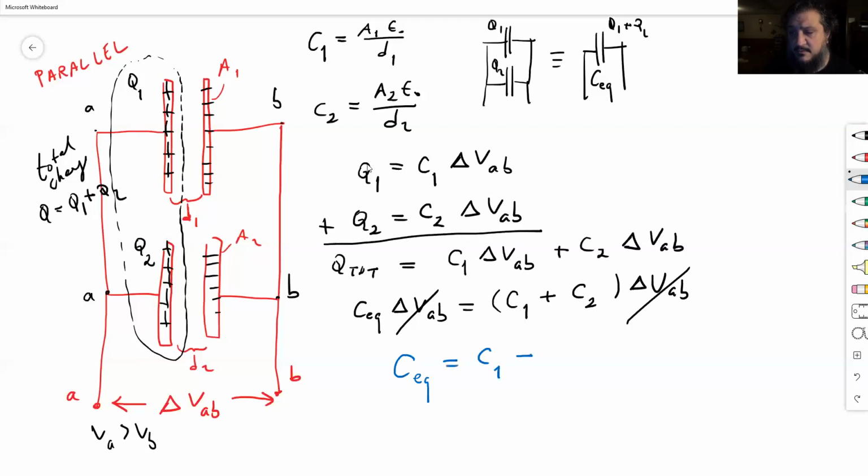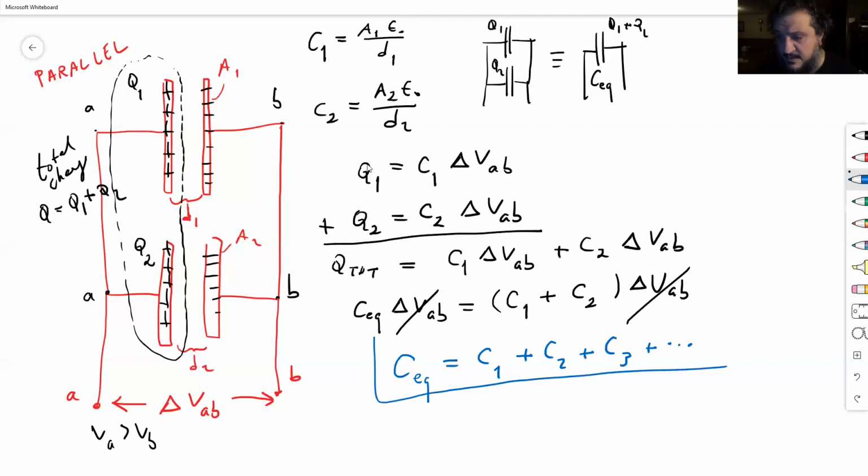Two or more, it doesn't matter how many you have. You can just keep adding them up like this. In parallel connection, charges add up. Voltages are the same. The potential differences are the same. And since charges add up, capacitances also add up.